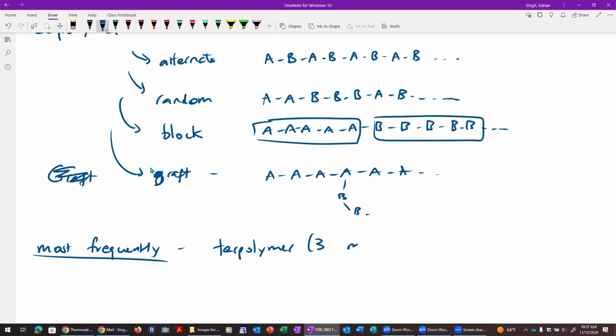So 3 monomers, which is called the ABS copolymer, which stands for acrylonitrile butadiene styrene. So that's acrylonitrile, butadiene and styrene. We'll take a look at these structures here in a second. But these 3 monomers are assembled in a copolymer that we'll see in a little bit.